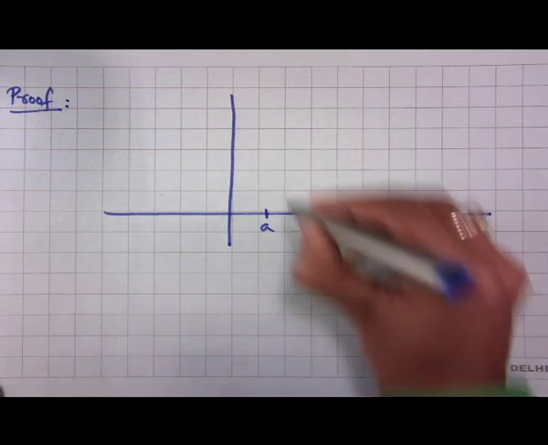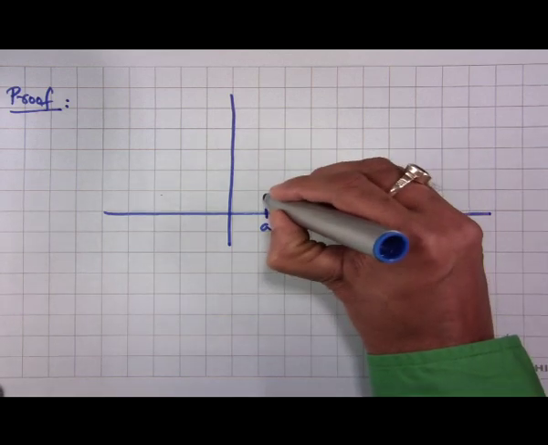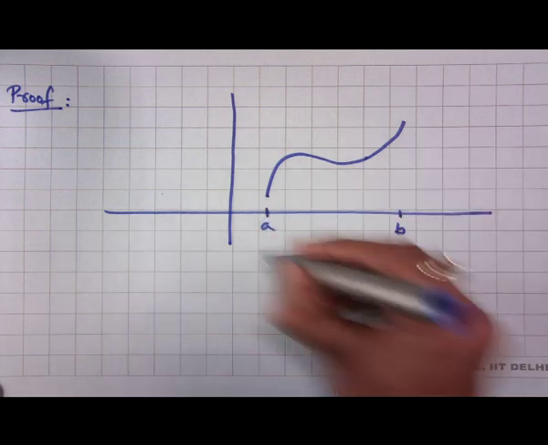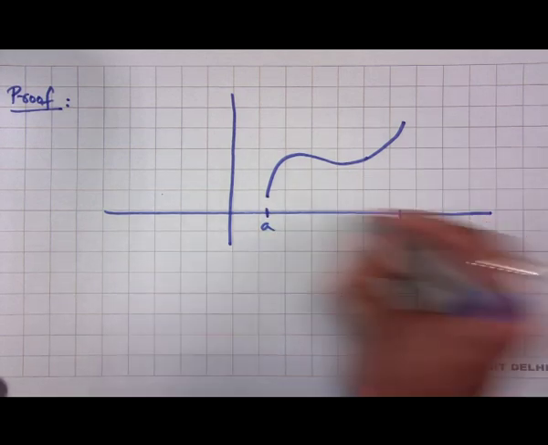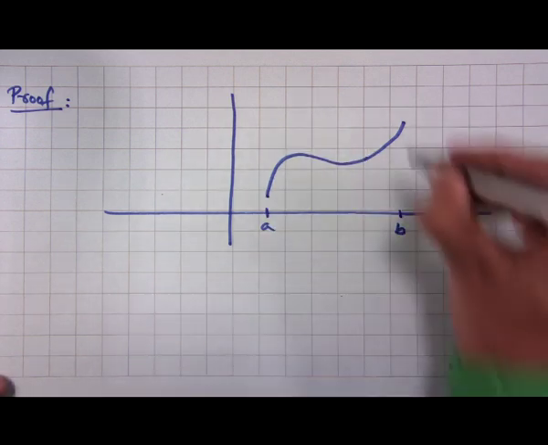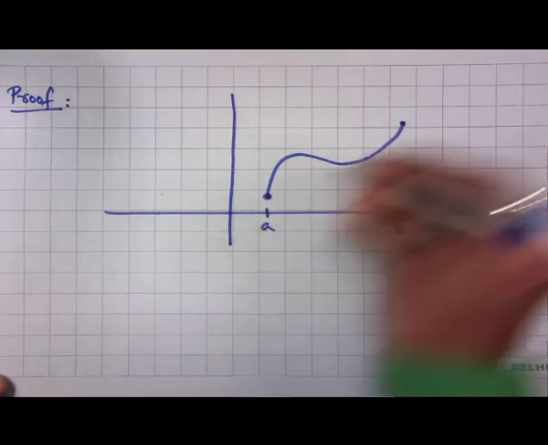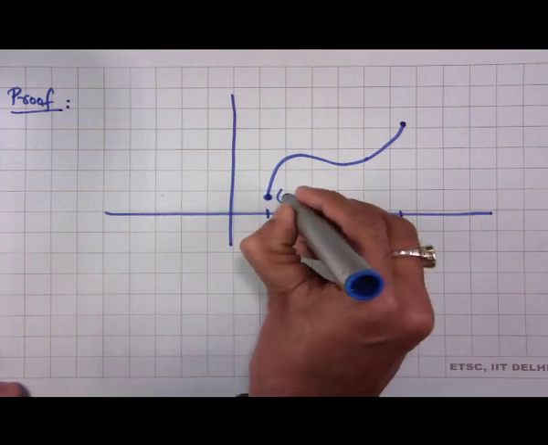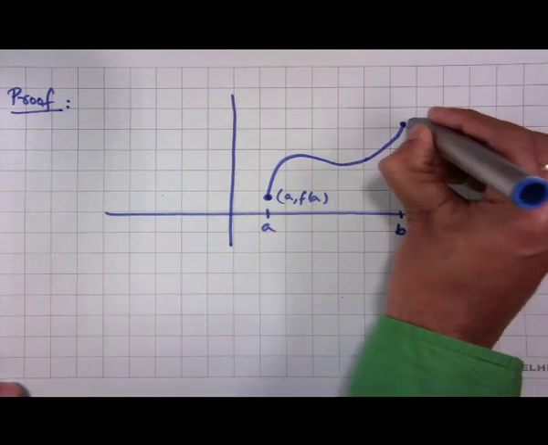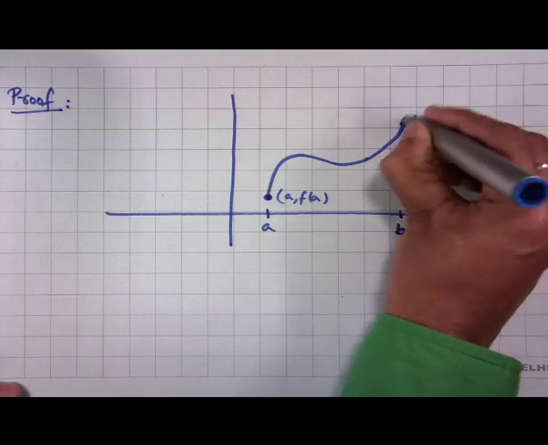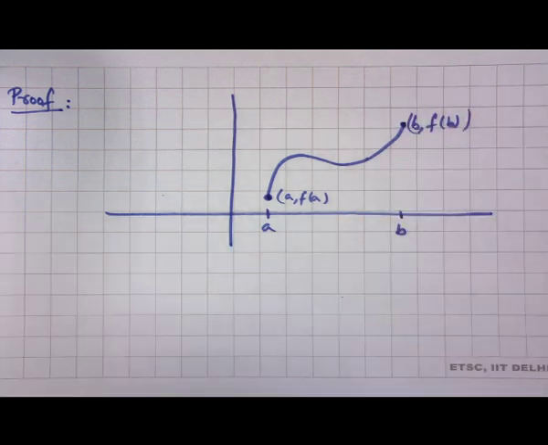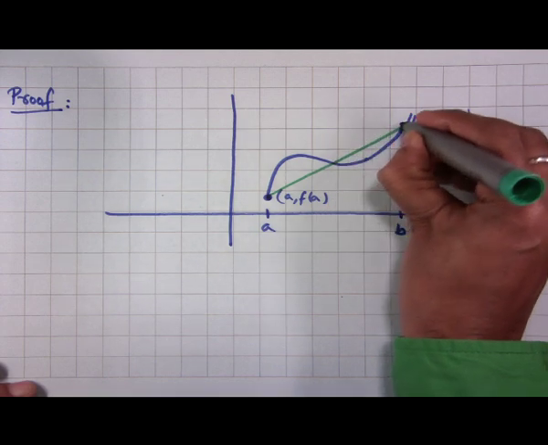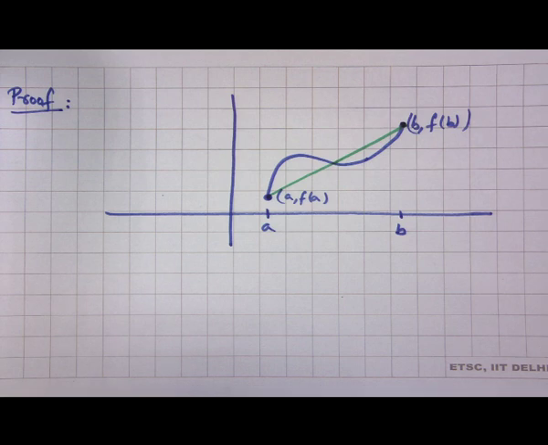I have a function which is continuous on this interval [a, b], and it is differentiable in the open interval (a, b). And then let us look at what is f of a. So, this point is (a, f of a), this is (b, f of b). Now, if I draw this line joining these 2 points, what is the slope of this line?